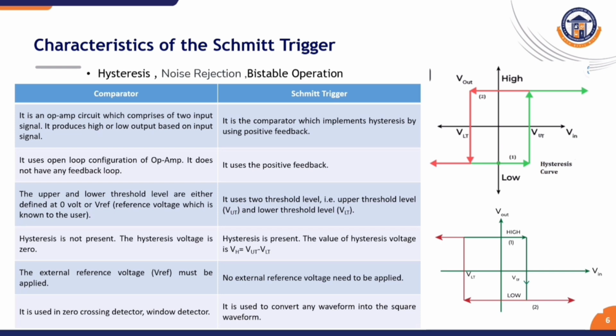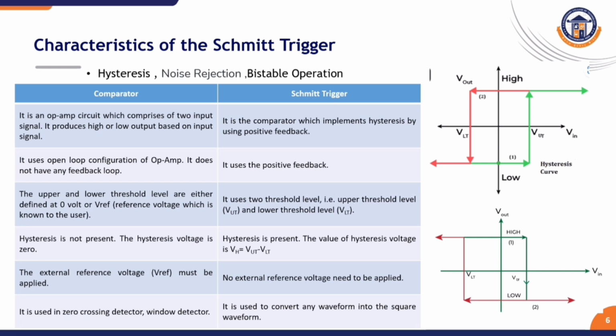A normal comparator doesn't have two threshold limits; it has only the reference voltage, and the output is decided based on the reference voltage only. In the Schmitt trigger, it depends upon the upper threshold limit as well as the lower threshold limit.